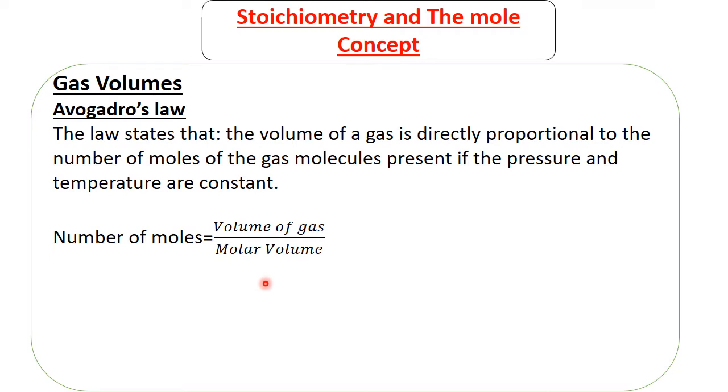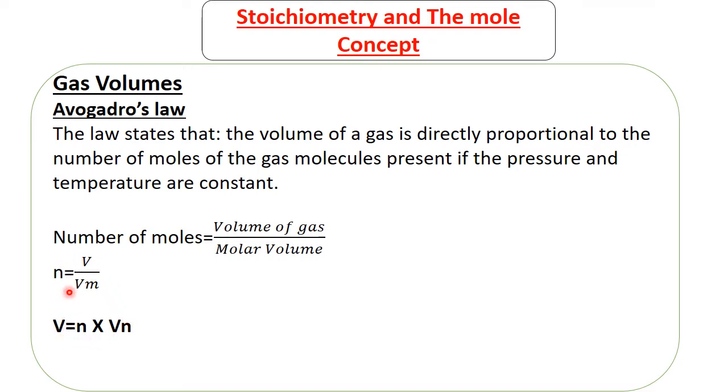There's something that I'm going to show you which you should concentrate on and keep at heart, and that is the value of molar volume. This can also be written, using symbols, as n, which is number of moles, equals V, which is volume of the gas, over Vm, which is molar volume. Sometimes we like to solve in this form.